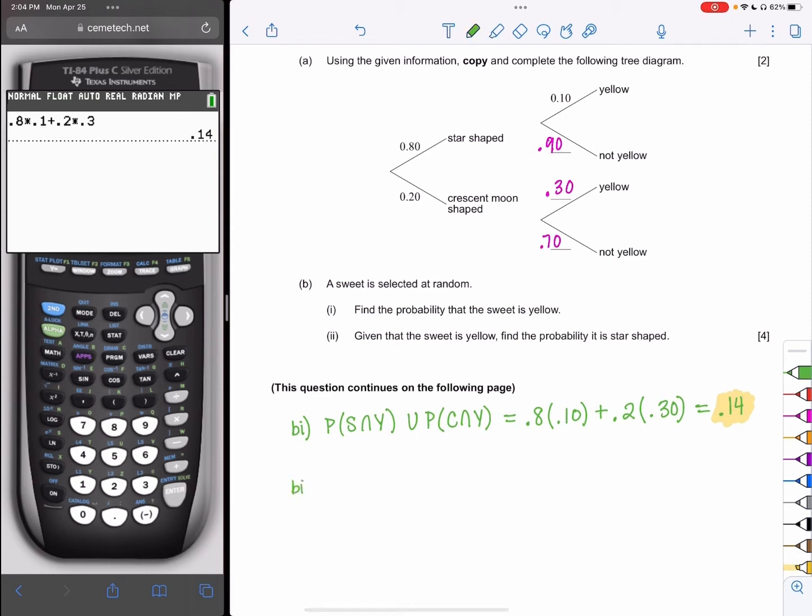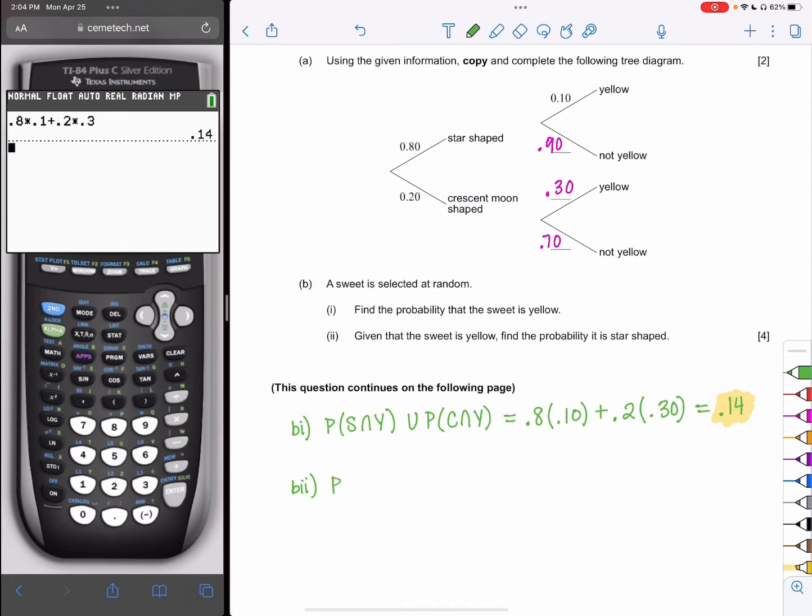So B part 2, it says, given that the sweet is yellow, find the probability that it is star-shaped. So I'm telling you that it's yellow. We want to figure out the probability that it's also star-shaped.